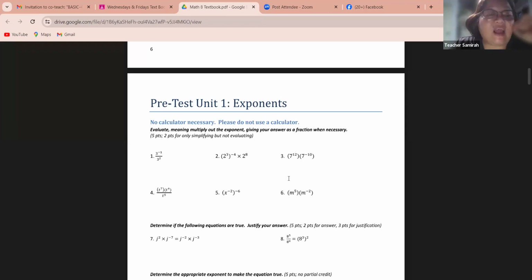How about this one? Number 1. We stop with division, right? How about number 1? What are you going to do with that? What will be your answer for that one?